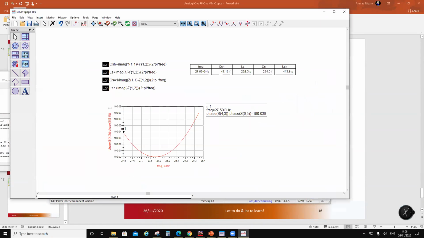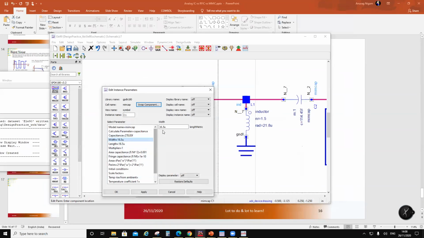How much do I need? 284. So 16.8. Okay, 16.7. 16.6, 16.7. It's going to be slightly square.